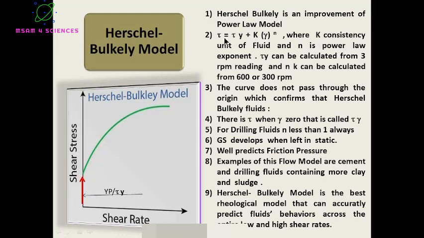It can be calculated from this equation: shear stress equals yield point plus K multiplied by shear rate to the power N. As we said in the power law, K is the consistency index of a fluid and N is the power law exponent. N and K can be calculated from the 600 and 300 rpm readings.